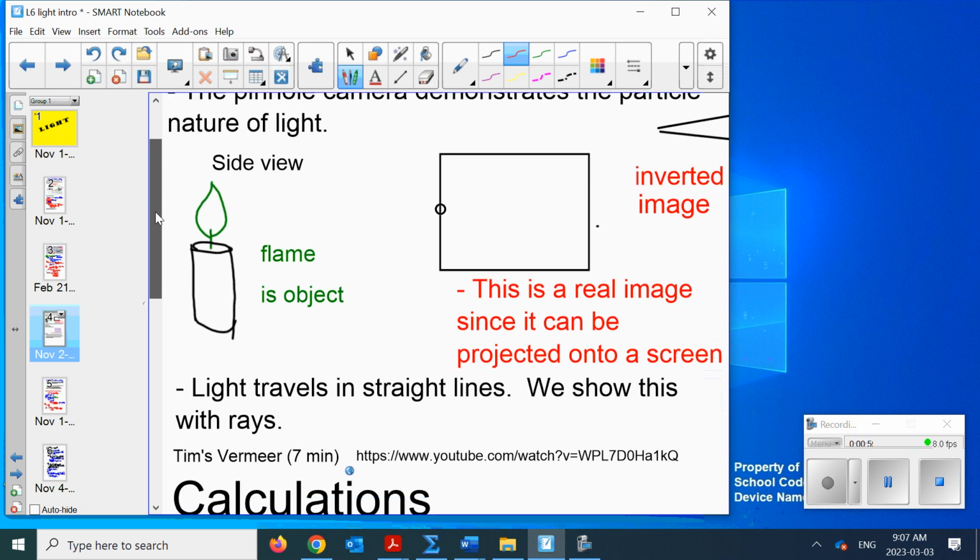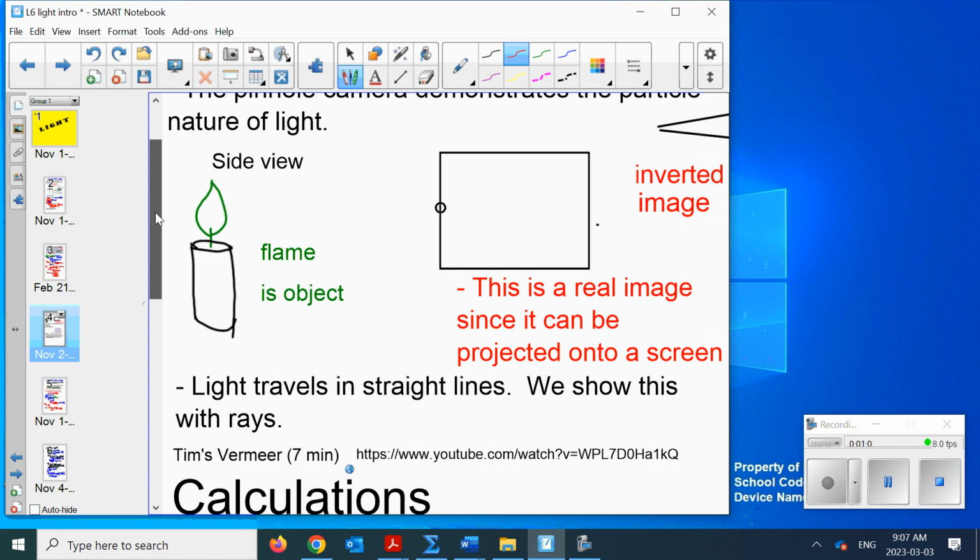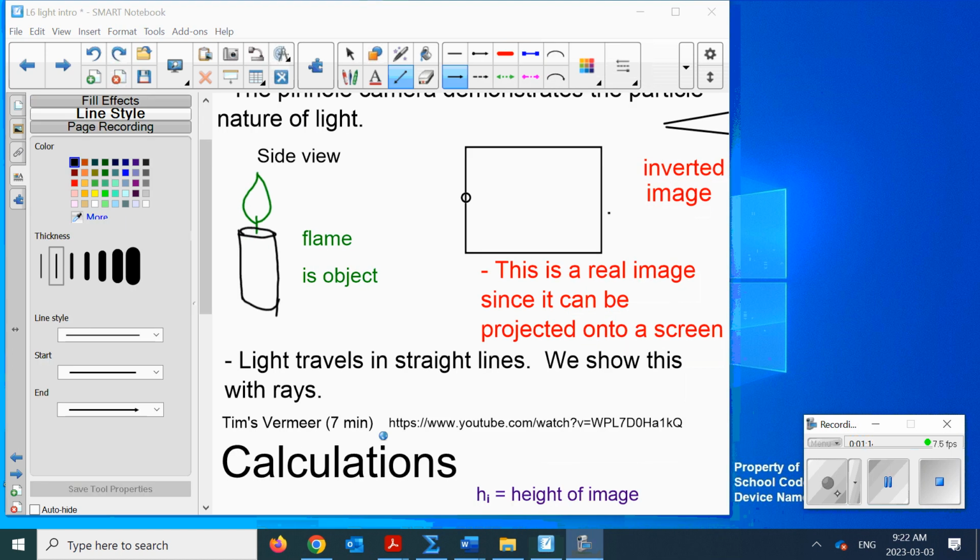Now I'm going to use a flame and a pinhole camera. This is the side view of the box. I'll just pause the video and we'll turn out the lights, and here's how the image is formed.